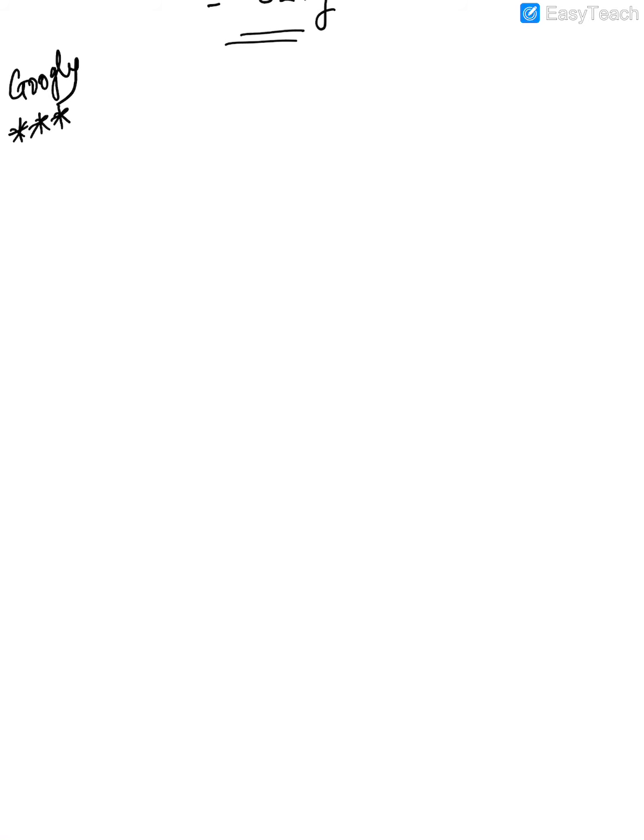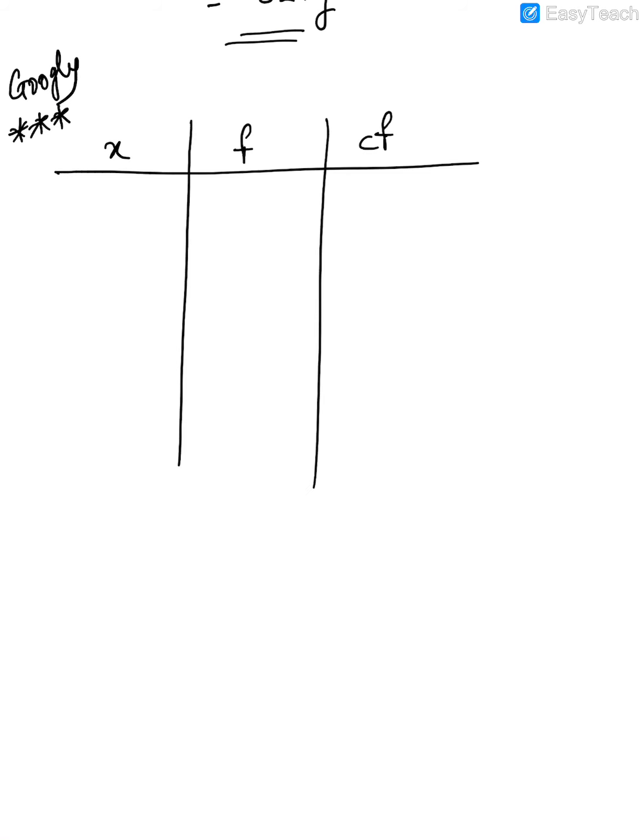Now again, let's say this is our data of X, then we've got here F and then here CF. So say these numbers are 6, 7, 8, 9, 10, 11. Then the frequency.